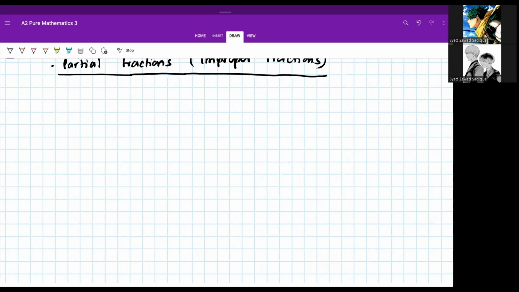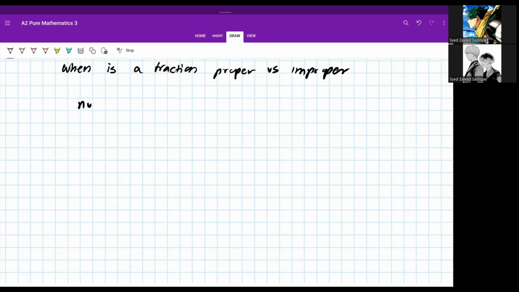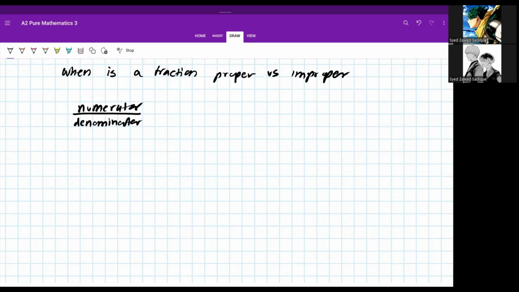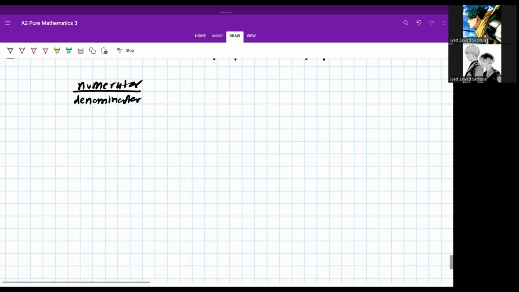So let's answer the question: when is a fraction proper versus improper? Let's say numerator by denominator.